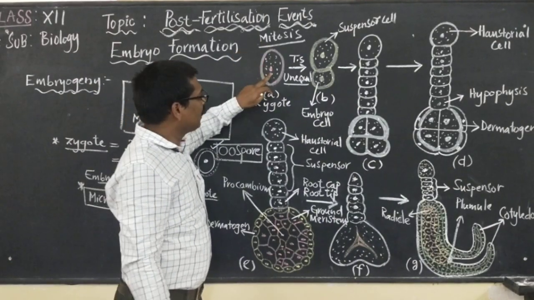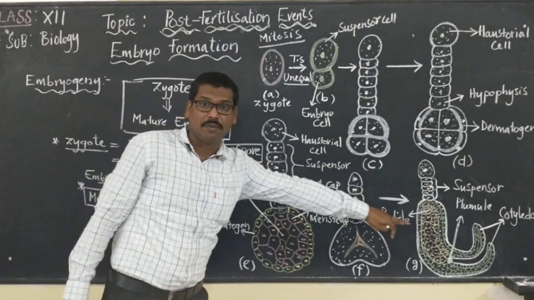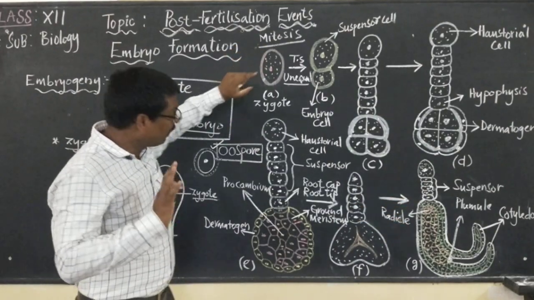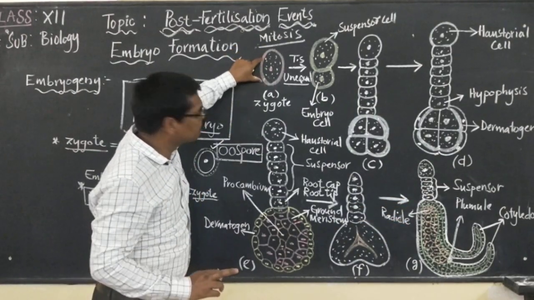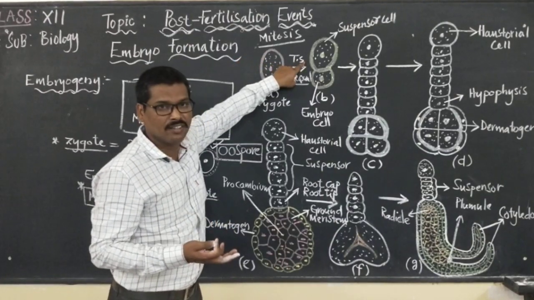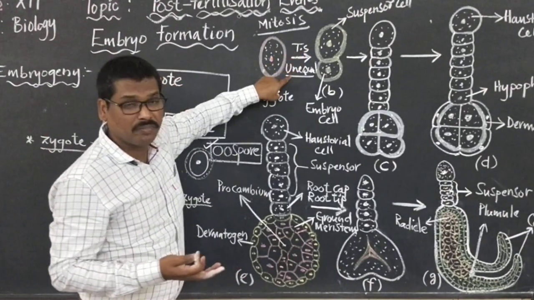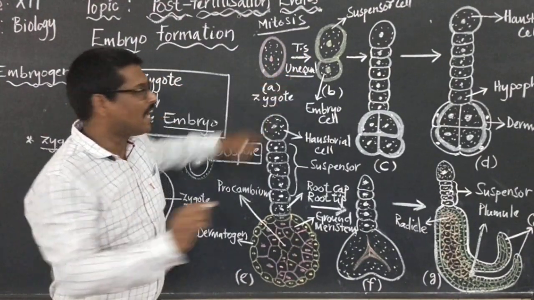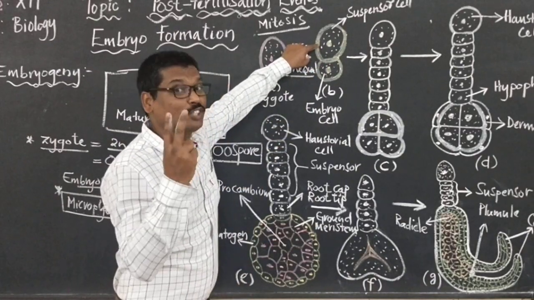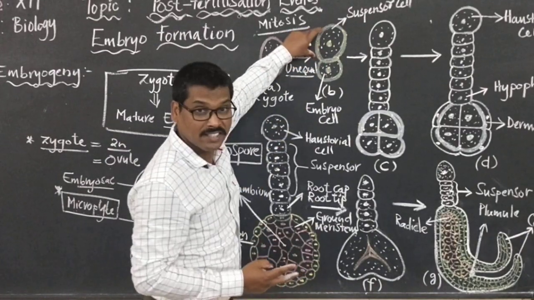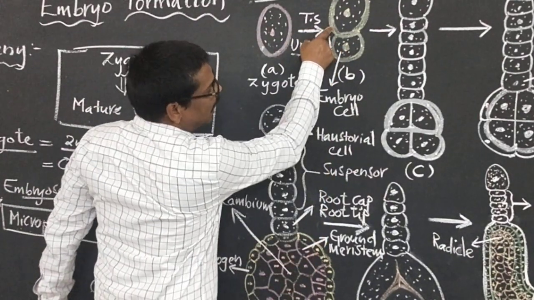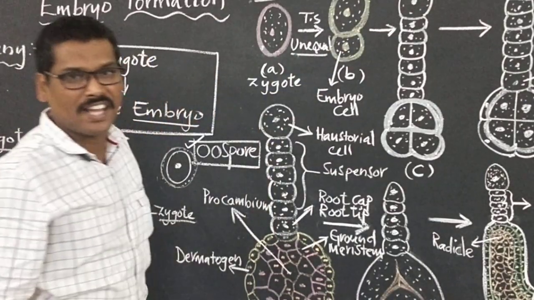But here, the first step, this oospore, the zygote, is undergoing transverse division, and it is unequal division. That is why, if you look clearly, it is producing two cells, one large in size and one small in size.